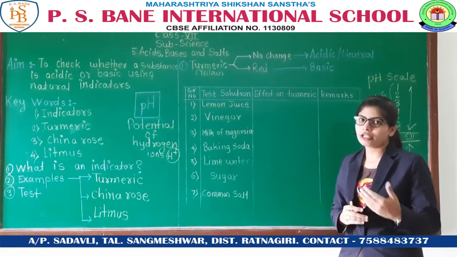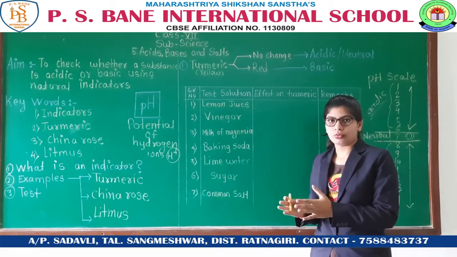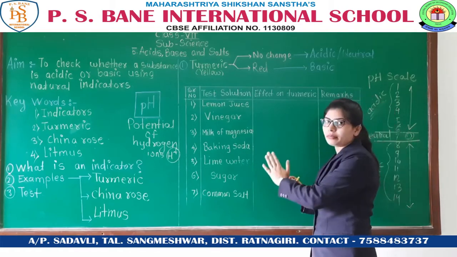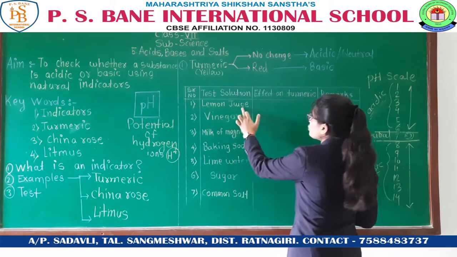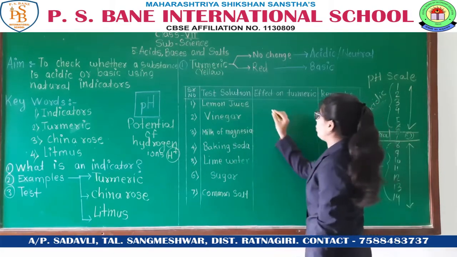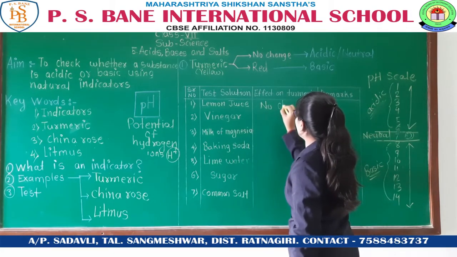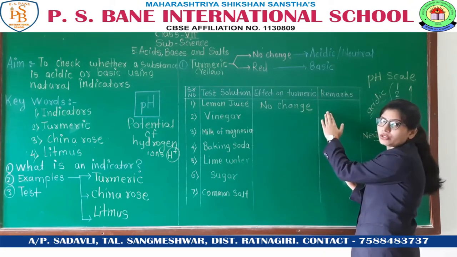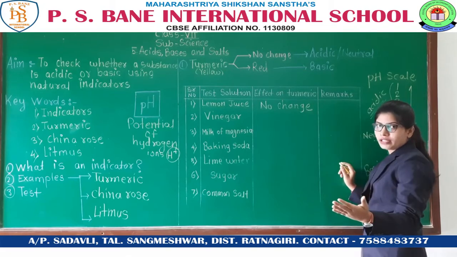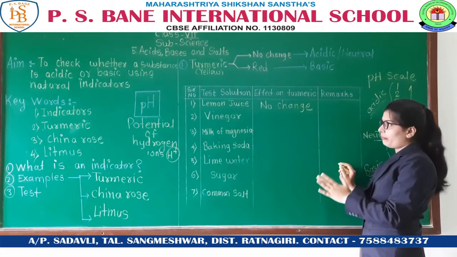Further I will give instructions about the practical notebook. Now you have to write the table in your science notebook. See the lemon juice, any change? No. So write here no change. In the remark you have to write whether the solution is acidic, neutral or basic.